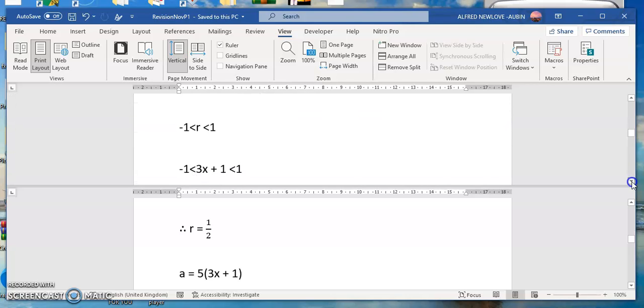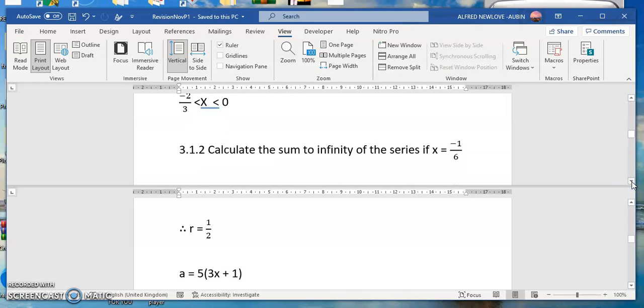because the question is looking for the sum to infinity. For a sum to infinity, we need the first term, we need a, because in the formula there exists a. So what are we going to do now?